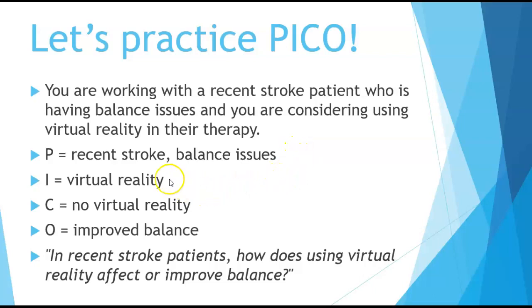The I is going to talk about adding virtual reality in their therapy. The comparison, the C, is going to be no virtual reality. And the O is going to be improved balance. So your PICO question would be, in recent stroke patients, how does using virtual reality affect or improve balance?